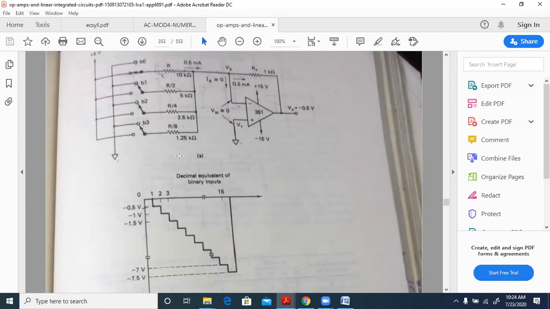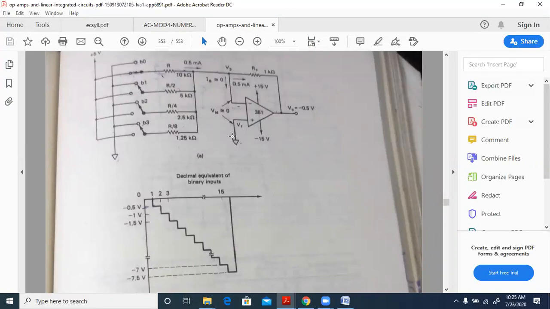Similarly, this is a 4-bit DAC. If you have an 8-bit DAC, that will be R by 2, R by 2 square, R by 2 cube, R by 2 to the power of 4. Similarly, R by 2 to the power of n minus 1, where n is the number of bits associated with it.